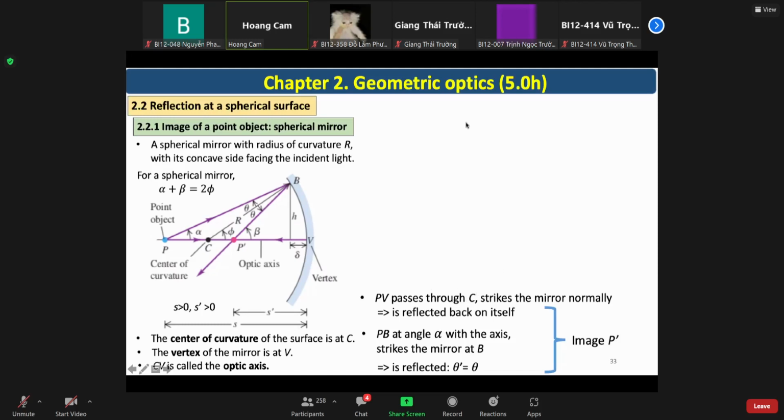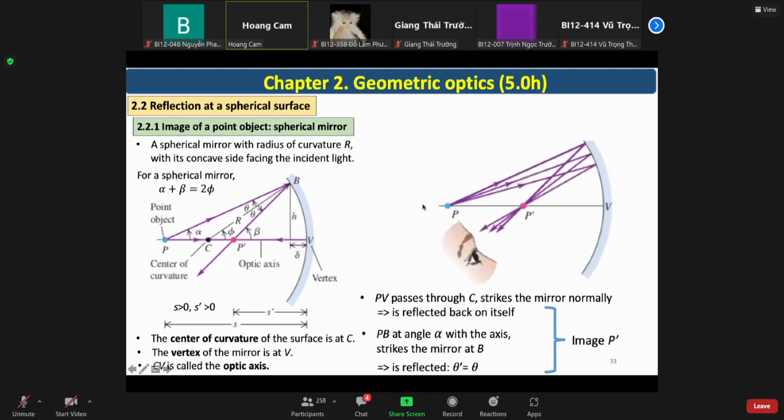So it is easy to find the image by a spherical mirror, which we call reflection. You can draw different incident rays, reflected here, passing through P prime, which is the image position. This is what we observe.